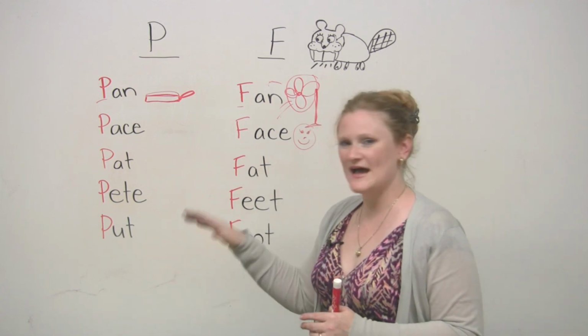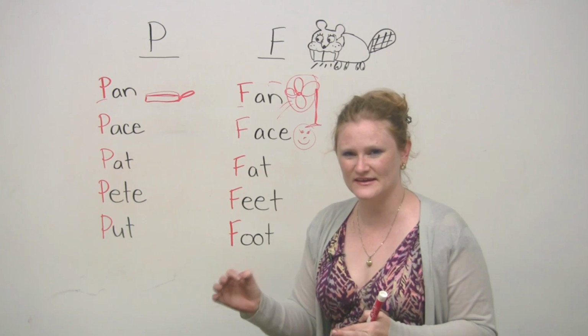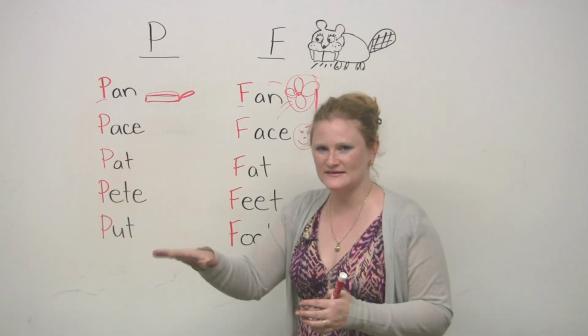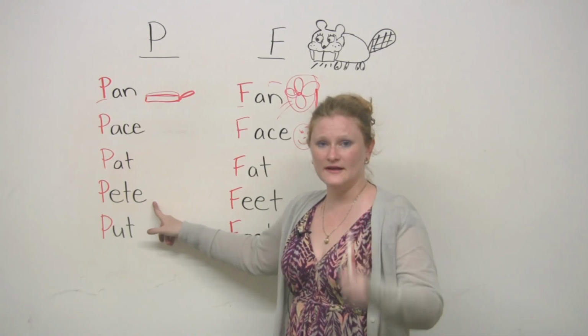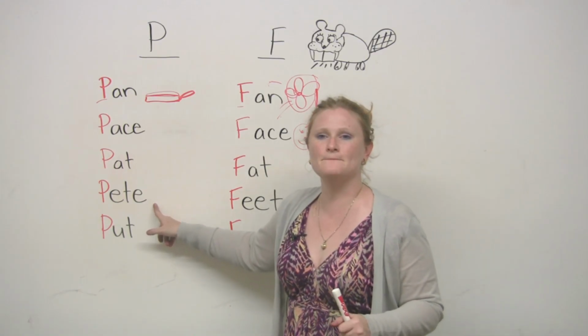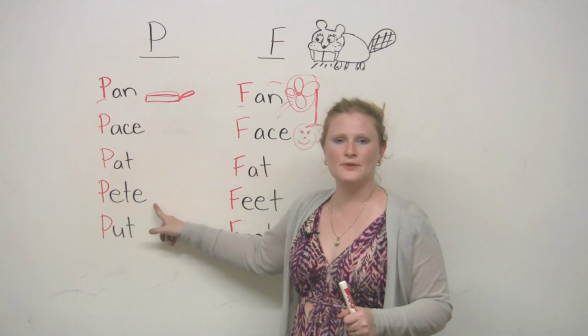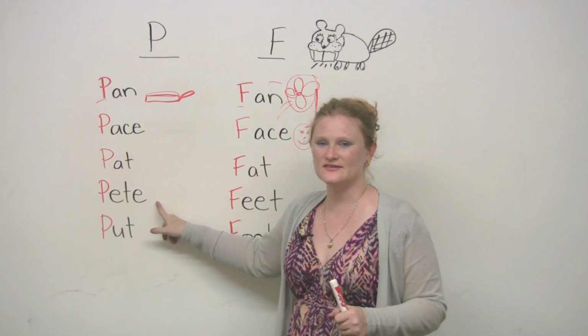So I can pat the cat. A lot of the times we say pet the cat, but it also means pat the cat, to touch it. We have another name. This is only for men, and this name is Pete. So we have Pat and Pete.